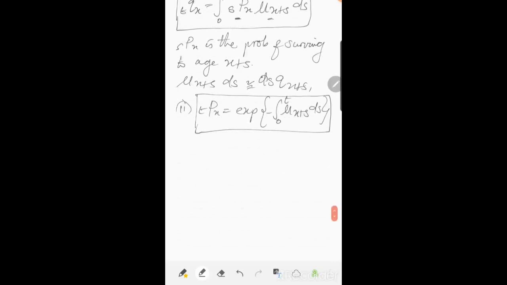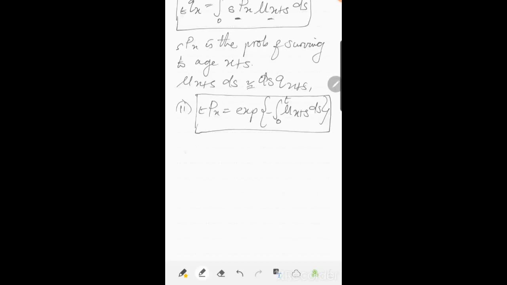These are two very important formulas. You also need to know about the derivation of TPX. If you have any problems on the derivation, please feel free to let me know and I'll explain it further.